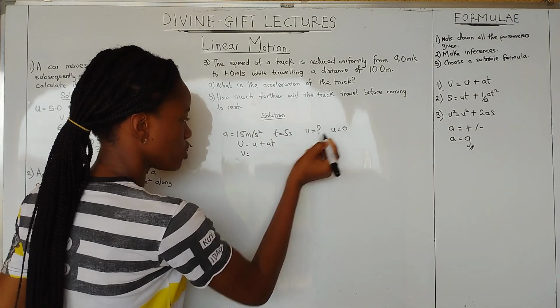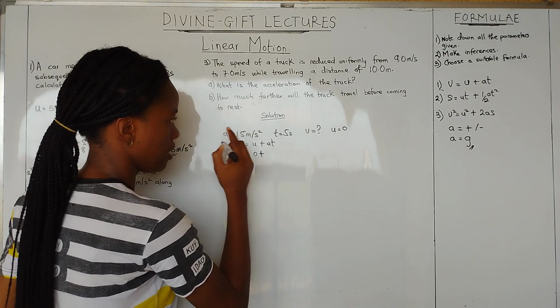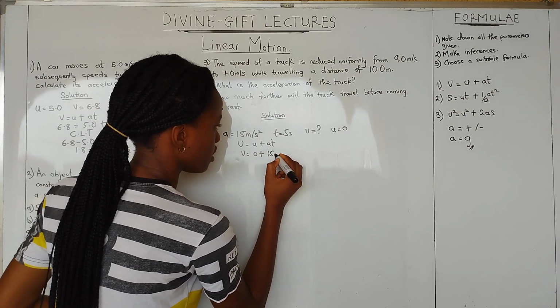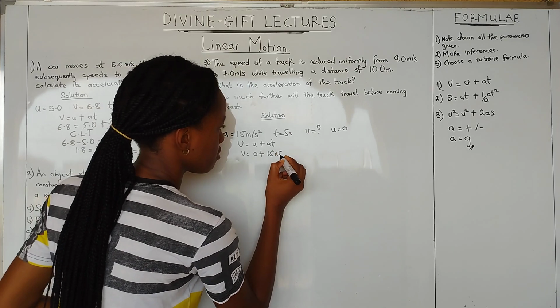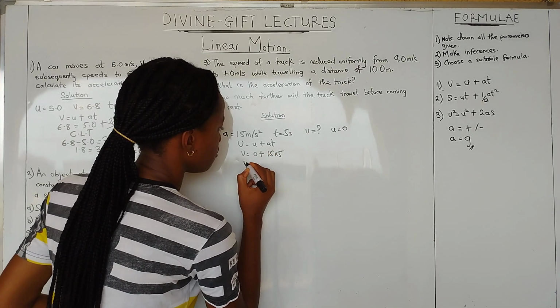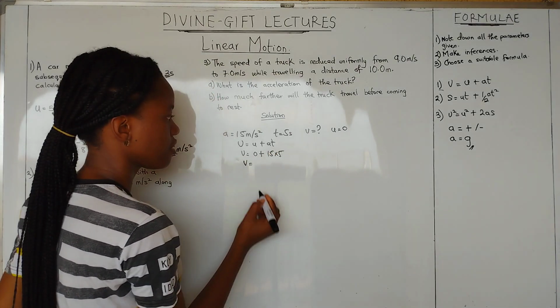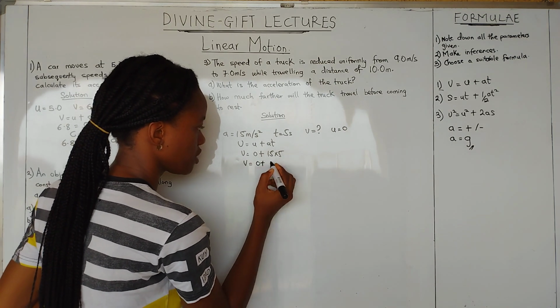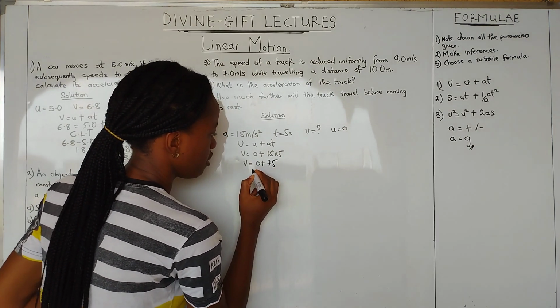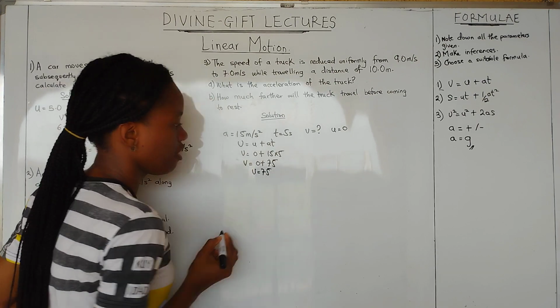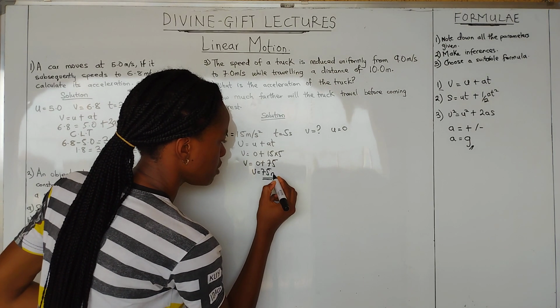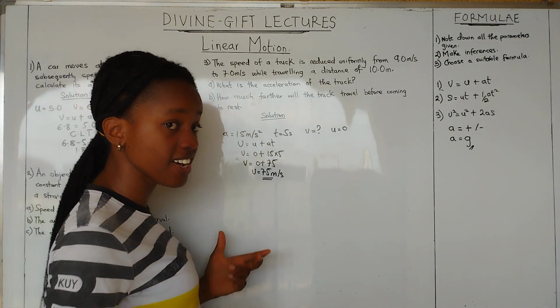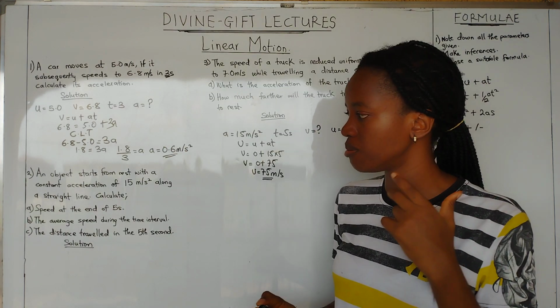V, what we are looking for, is equal to U, which is 0, plus A, 15, times 5. V is equal to 0 plus 15 times 5, which is 75. V is equal to 75. Remember to put your units, meters per second. So this is the answer to question number 2A.